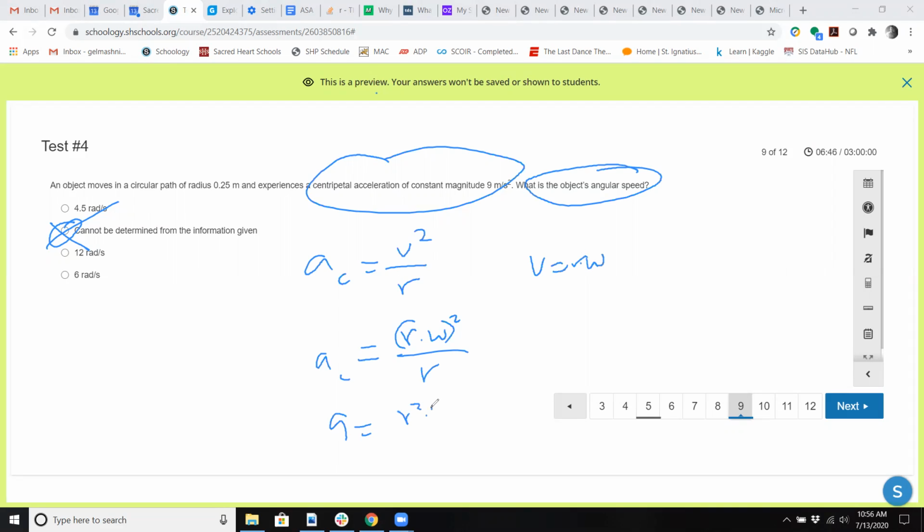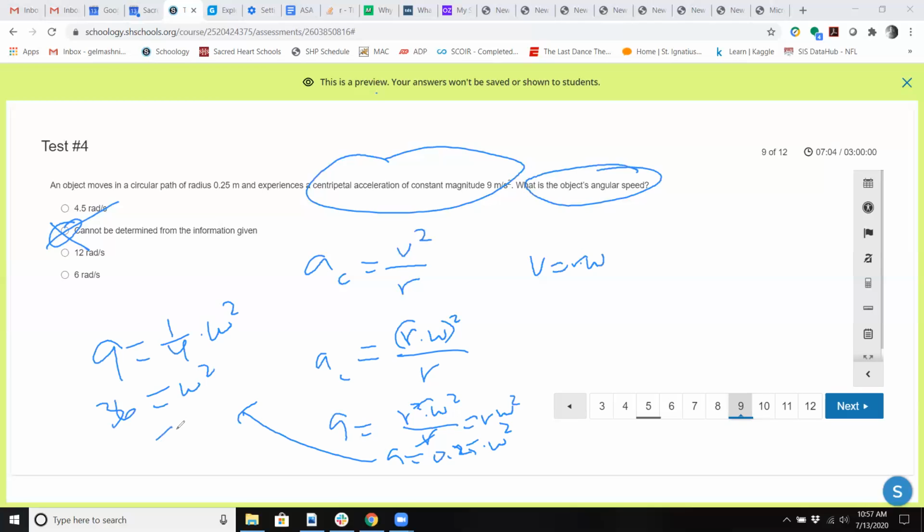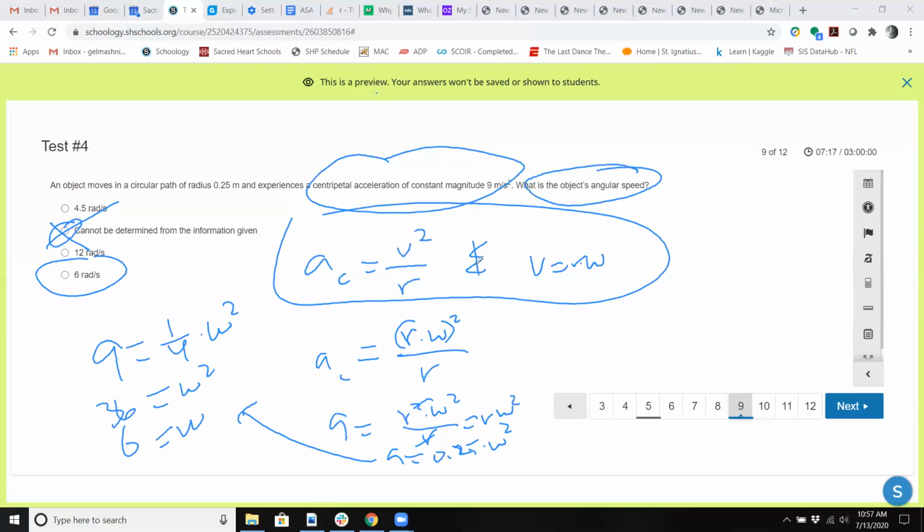You have r squared times omega squared over r, which cancel, so it becomes r omega squared. Your r is 0.25, which is 1/4. 9 equals 1/4 times omega squared. Omega squared is 36. Omega is 6. So yes, I didn't give you velocity, but you didn't need it if you use these two formulas and did the substitution correctly. Let's keep moving.